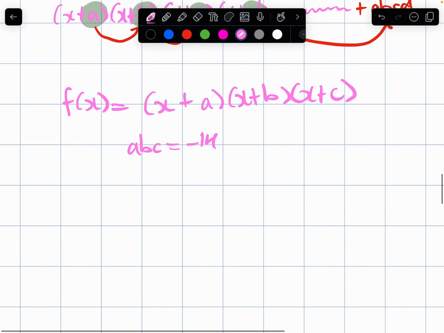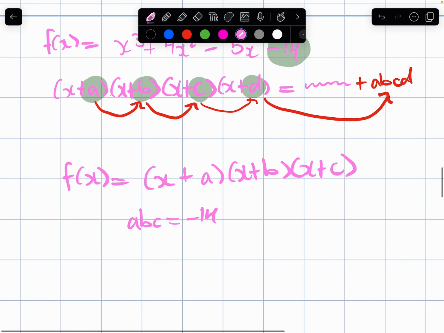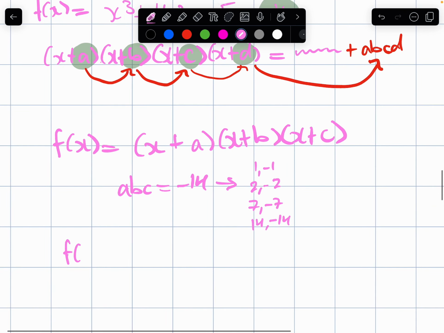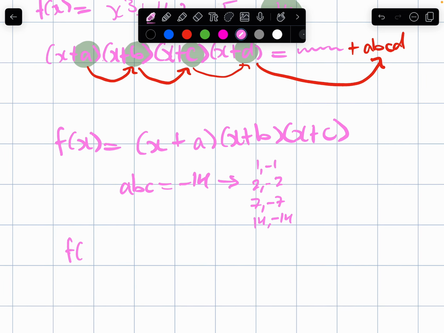To test it out, you just put it into your calculator, or you can plug it in manually. Negative 14 can be broken down into 1, negative 1, 2, negative 2, 7, negative 7, 14, negative 14. Those are the 8 factors of it. On a calculator it works better because it's faster.